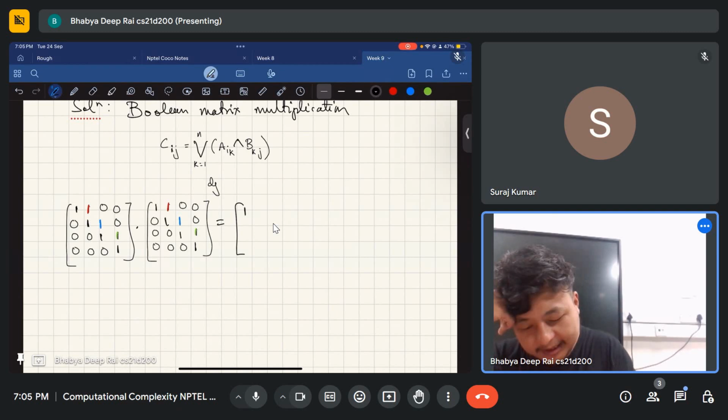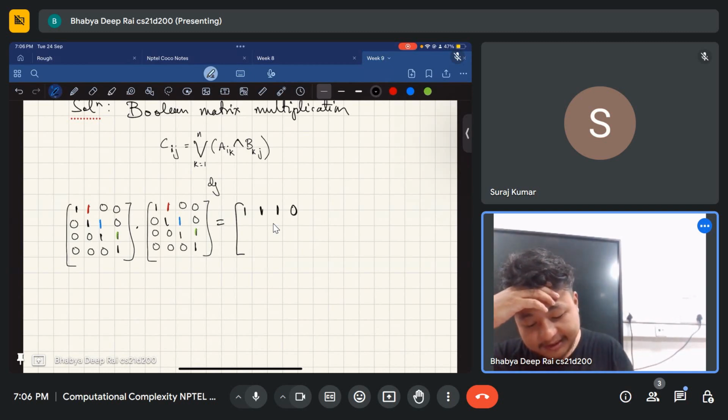Similarly, I'll do this and this, which will be 1 again. And then I'll do the first row, third column, which will be 1 again. First row, fourth column, which will be 0.